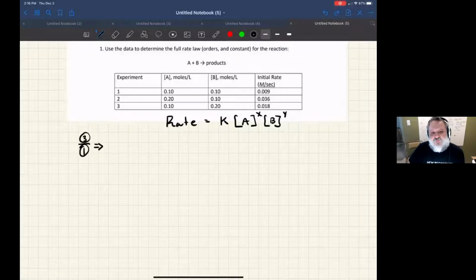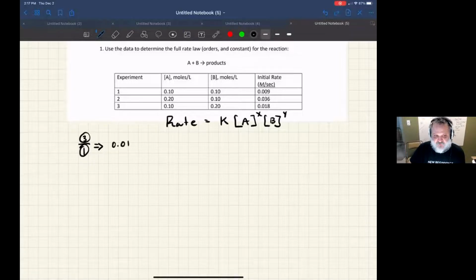In experiment 3, the molarity for A is 0.1, and for experiment 1 it's 0.1. So in both cases it's the same, but it's different for B. It's 0.2 in experiment 3 for B, and it's 0.1 for B in experiment 1.